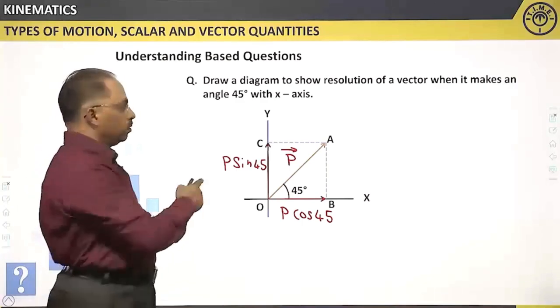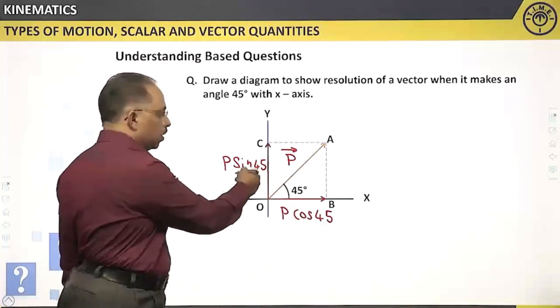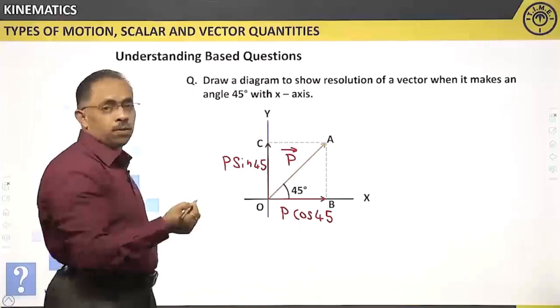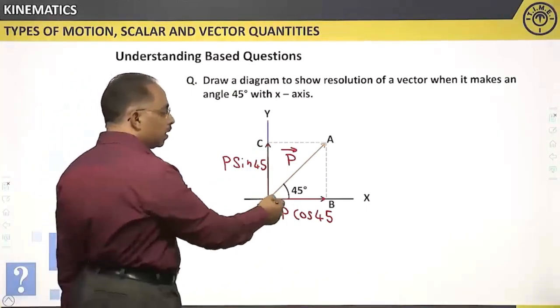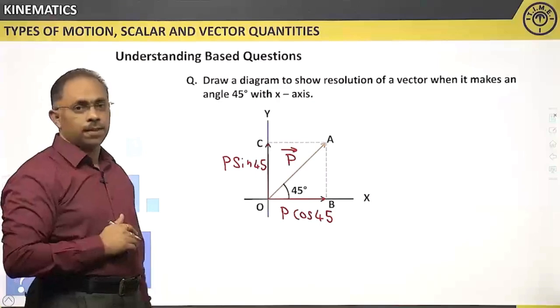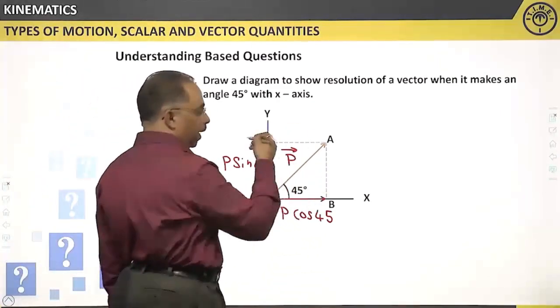Now, you can observe very clearly that the values of sin 45 and cos 45 are equal. Sin 45 is 1 by root 2, cos 45 is also 1 by root 2. That means both the horizontal component as well as the vertical component will be equal in magnitude.